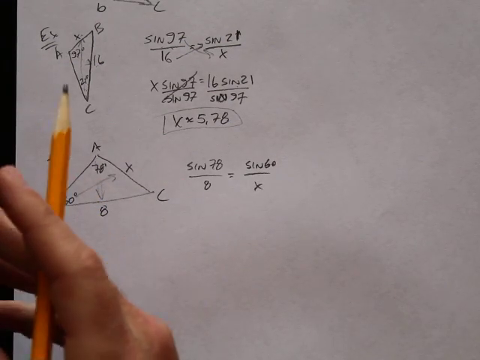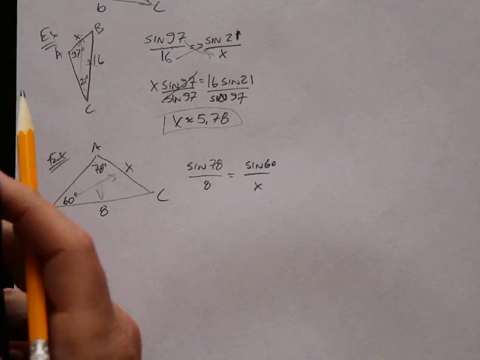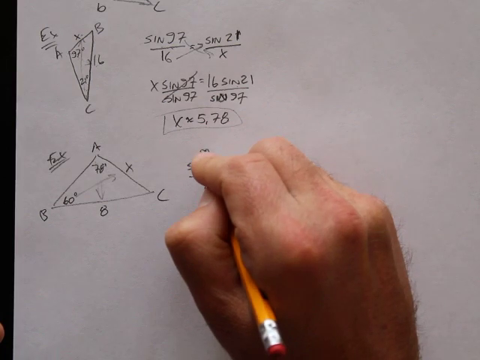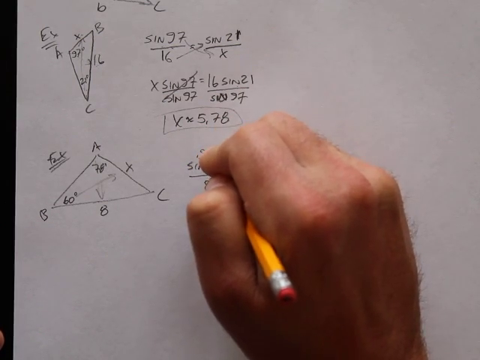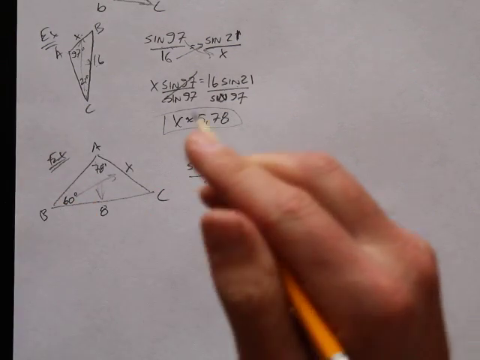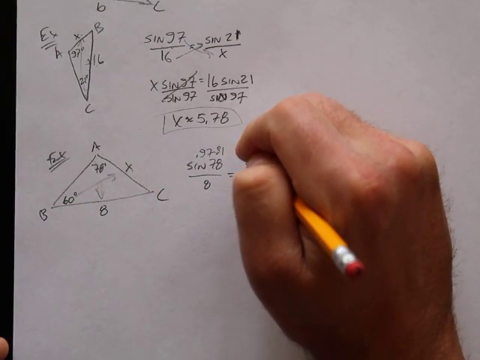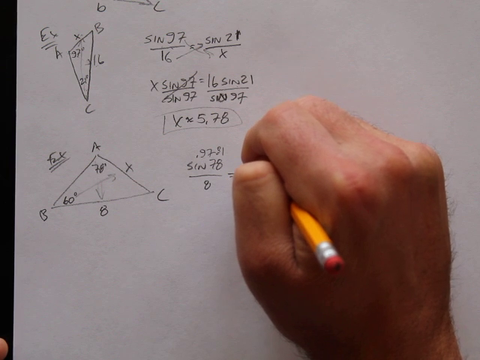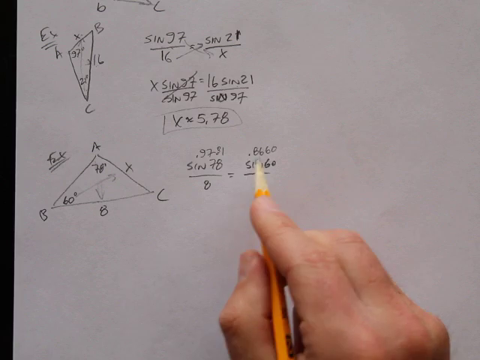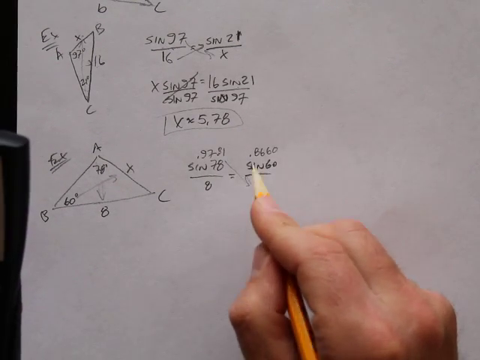So I'm going to go sine of 78 is 0.9781, and sine of 60 is 0.8660.